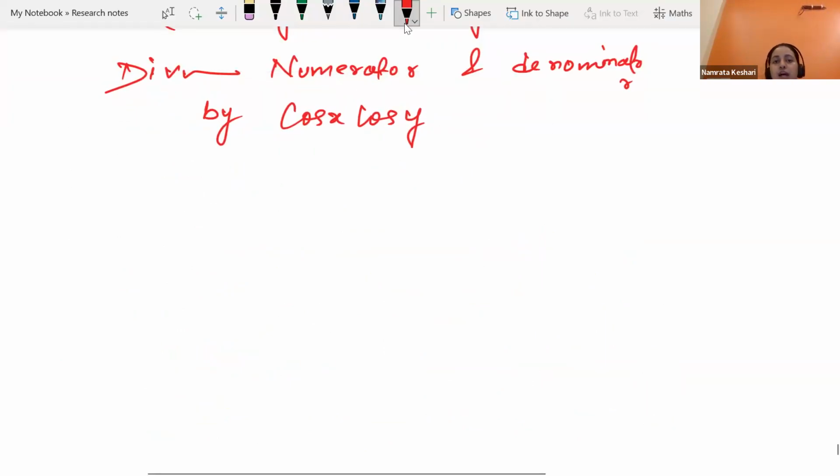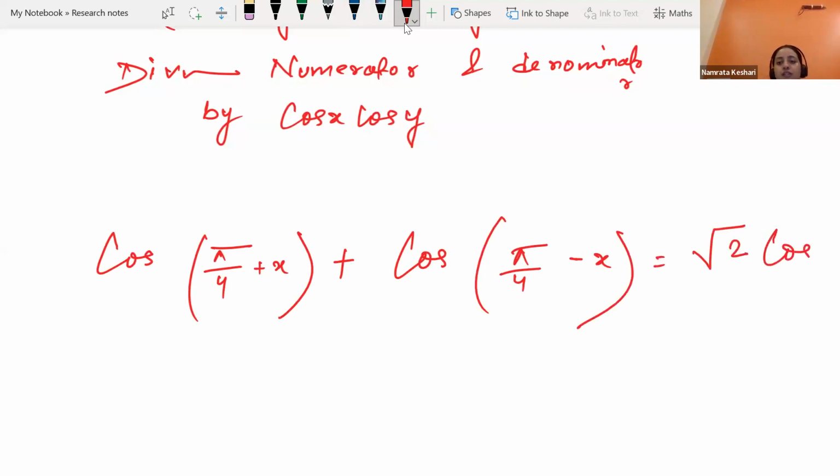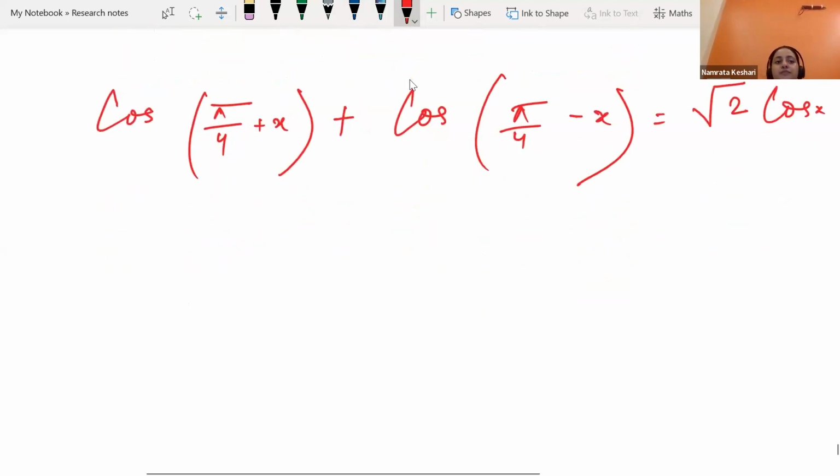We have to prove that cos(pi by 4 plus x) plus cos(pi by 4 minus x) is equal to root 2 cos x. How to do it? Left hand side is equal to right hand side, we have to prove.